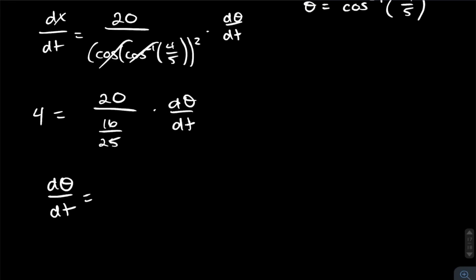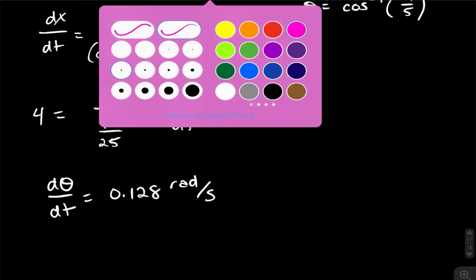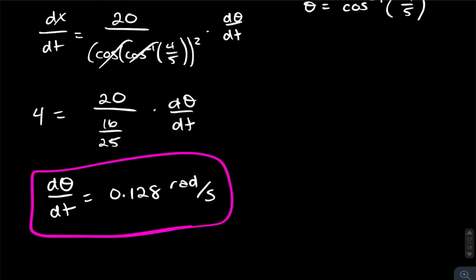And d theta/dt is going to be 0.128 radians per second. Okay, if you have an angle, you're trying to find the change in the angle in time, that's going to be in radians per second, or radians per whatever time that you have.